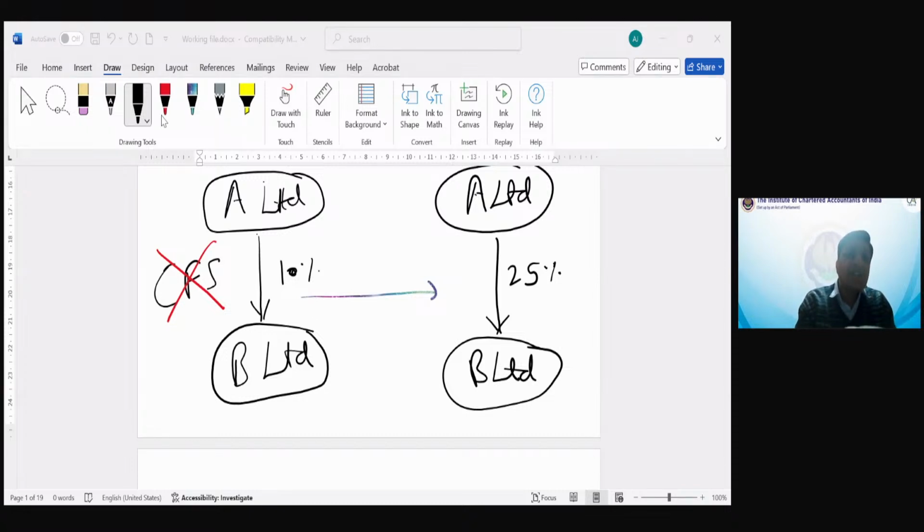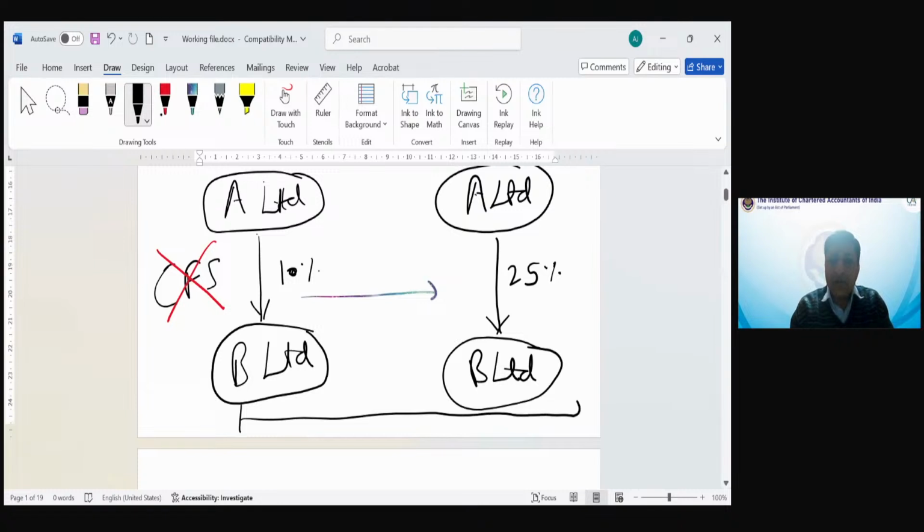When you prepare CFS, when do you start the consolidation? You will start the consolidation when the interest in the associate is acquired. Yes or no?